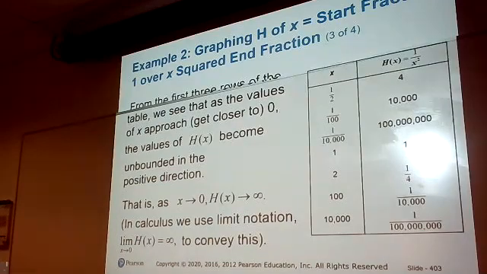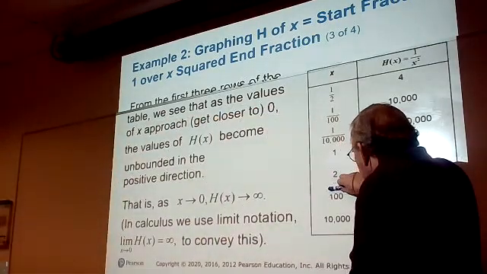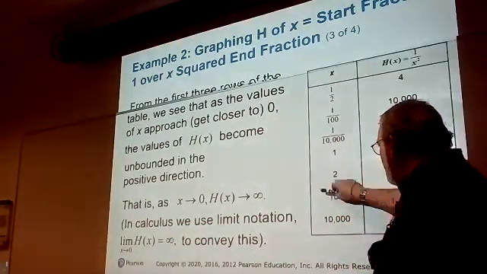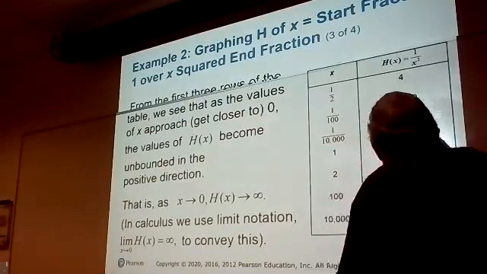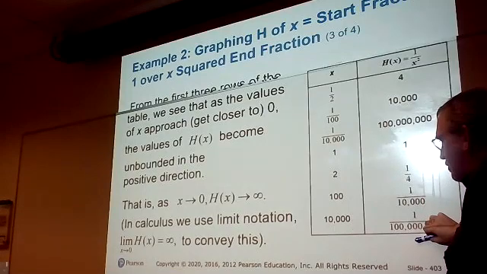In a similar manner, as we look at x going to infinity, as x is increasing in value, so we're getting more and more positive, larger positive numbers, the fractions are getting smaller and smaller. They're approaching 0.